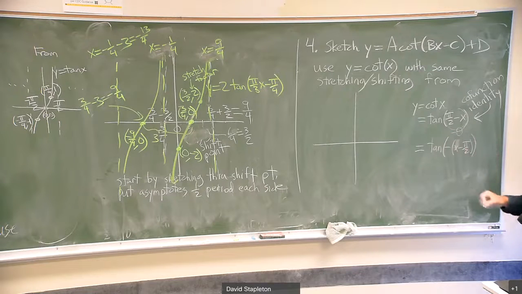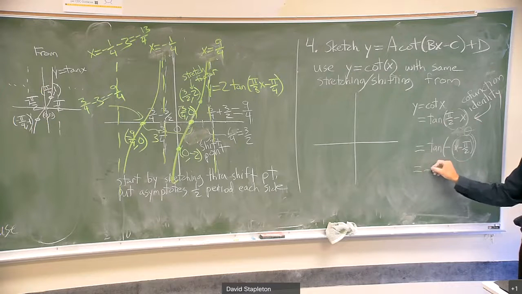Right. Then this is tangent of minus theta. And tangent of minus theta is the same as minus the tangent of plus theta, right? That's the odd property of tangent.